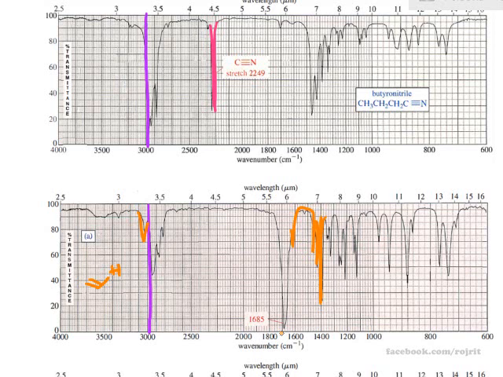So you cannot see that. And at 600 to 800, you still can see two sharp peaks, the character of benzene. So I am quite sure that we have the benzene ring here in the structure.